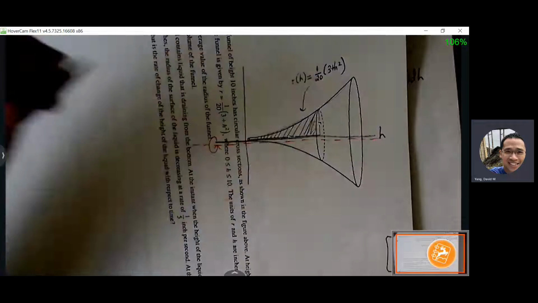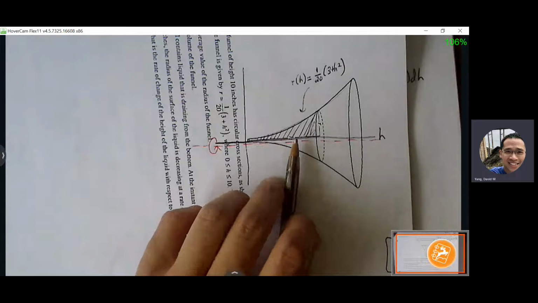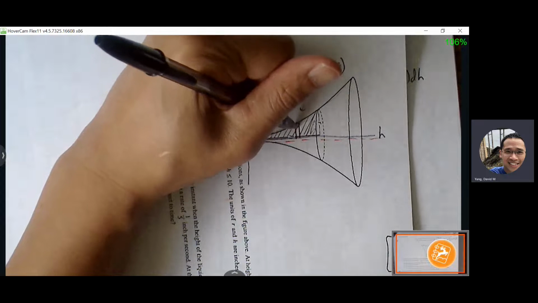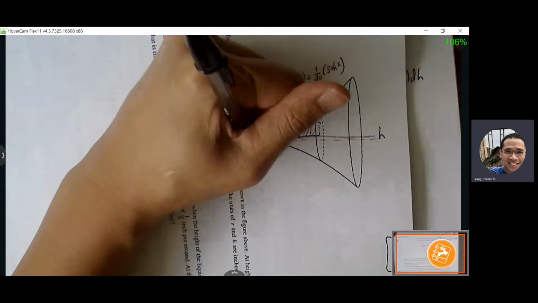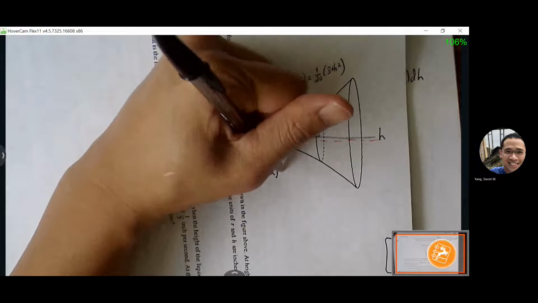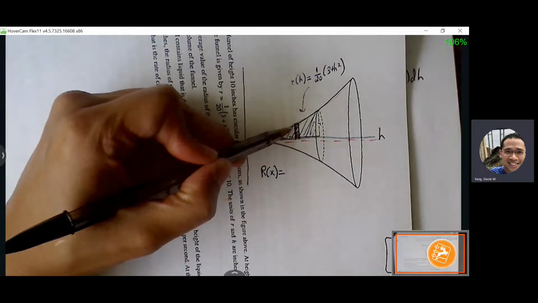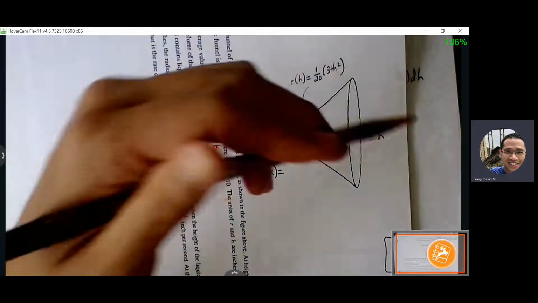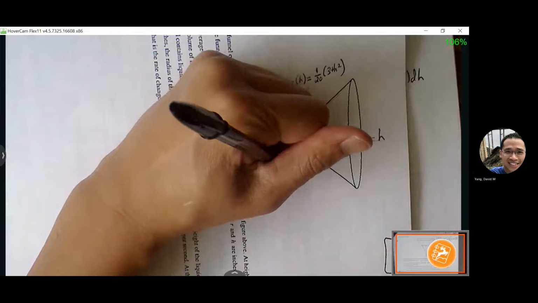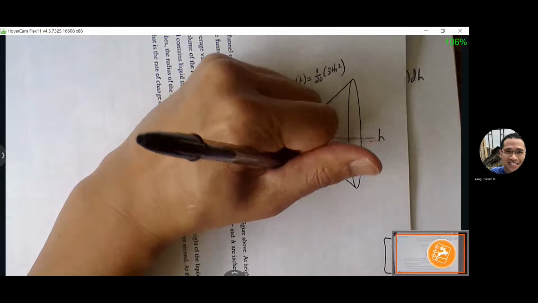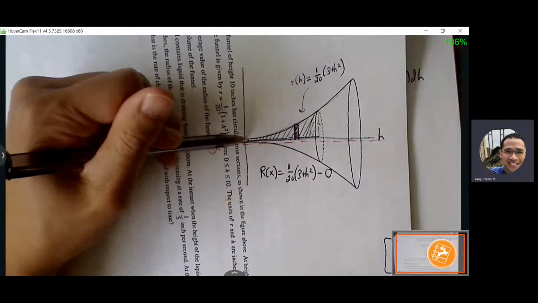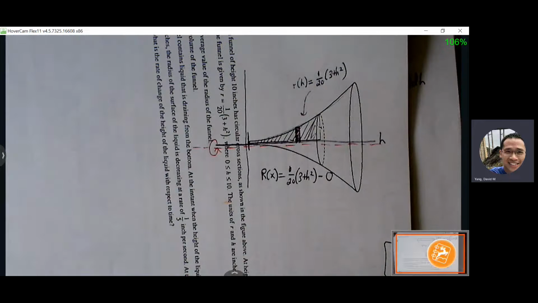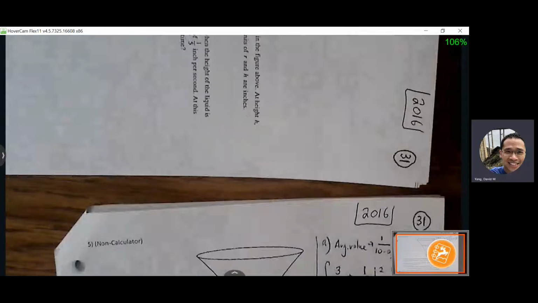We know that there's no gap between the axis and the shaded region, so we can extend from the axis to the boundary of our shaded region. And we'll let that be our big R. So our big radius is top minus bottom. The top is the 1/20th, 3 plus h squared. The bottom is the h-axis, the 0. The bounds are from 0 to whatever this height is, and that height is 10. So here's our formula here.